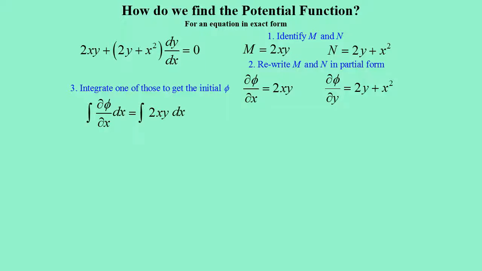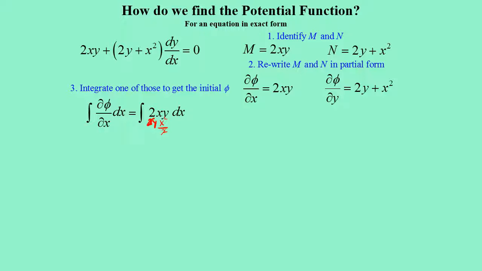The integral on the right of 2xy with respect to x would be, if we bring down the 2 and the y, the power rule, x squared over 2, gives us x squared y.